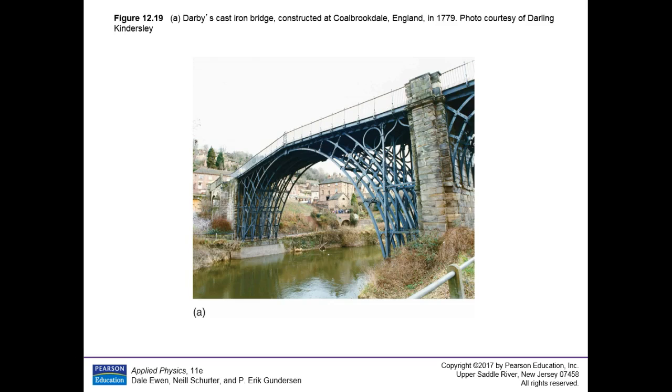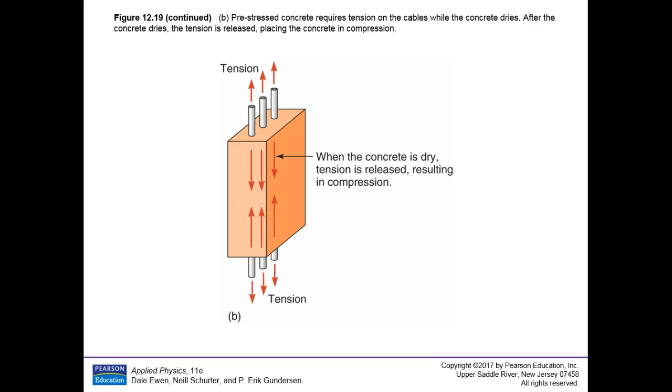It's called the cast iron bridge, which is a little unusual because cast iron is fairly brittle and you wouldn't have thought it would last this long, and then it rusts, and this doesn't seem to be in bad shape of rusting. Coalbrookdale, England, and it just is another showing of a bridge, compressional forces, that type of thing. And this is what you see in that. This is the other part of that figure.